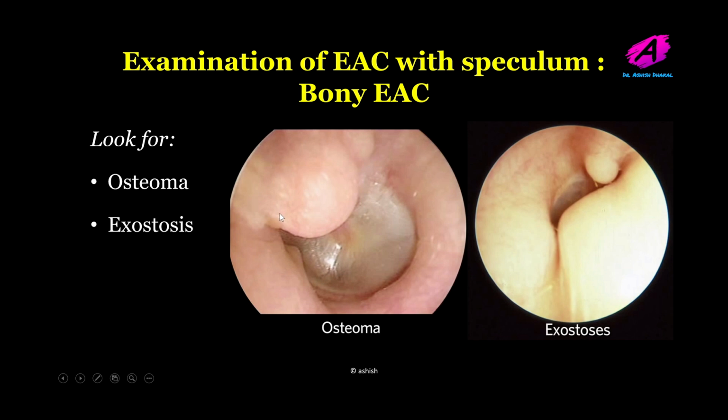Osteoma is usually single, whereas exostoses are in groups, generally three in number. Osteoma is seen in the outer part of the bony external auditory canal, whereas exostosis is present near the tympanic membrane area. Exostosis is generally seen in surfers, where it is the reaction of the body to cold water entering into the external auditory canal.